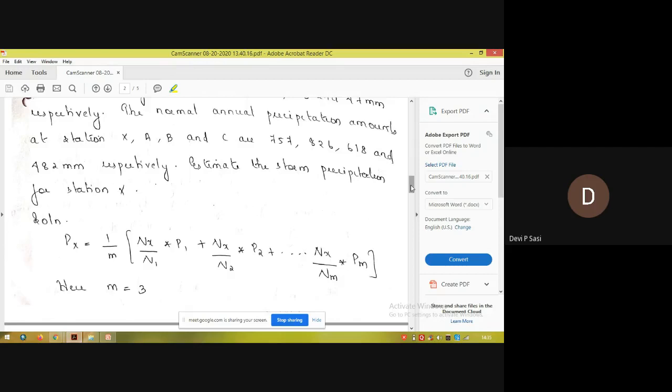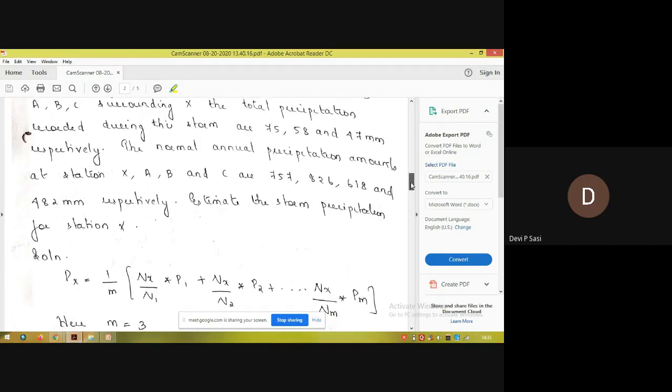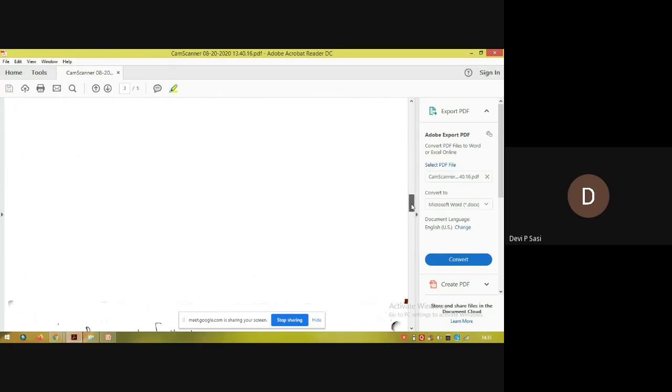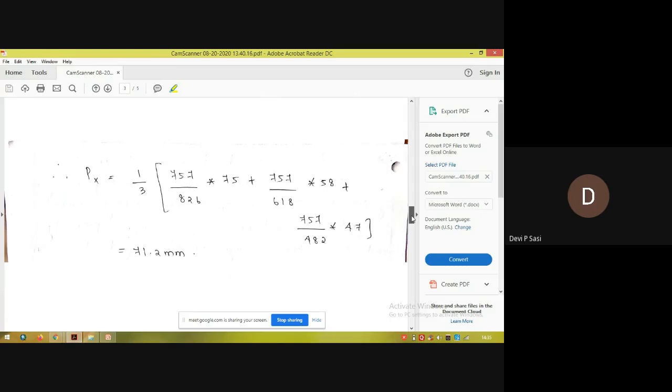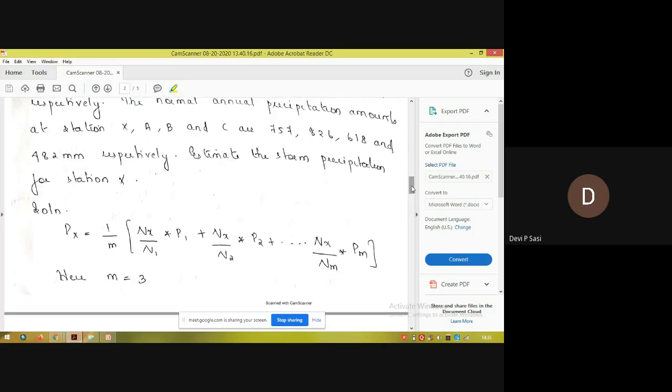Nm is equal to 482 and Pm is equal to 47. So, on substituting the values, you will obtain Px as 71.2 mm. So, always be careful with the unit. നിങ്ങൾക്ക് ഇത്രയും തന്നിരിക്കുന്ന വാല്യൂസ് ഓഫ് റെയിൻഫോൾ mmലാണ്. സോ നിങ്ങൾക്ക് കിട്ടുന്ന വാല്യൂവും ഇറ്റ് വിൽ ബി ഇൻ mm.